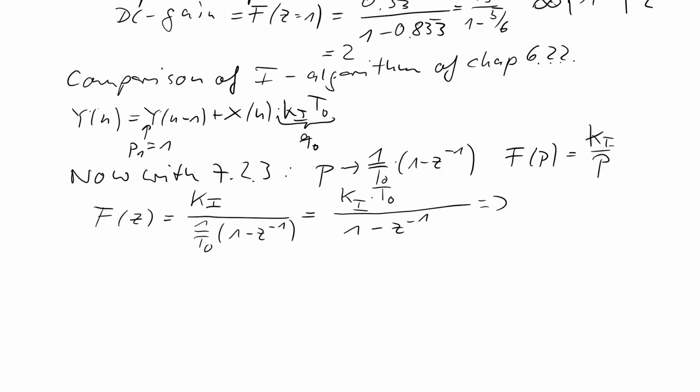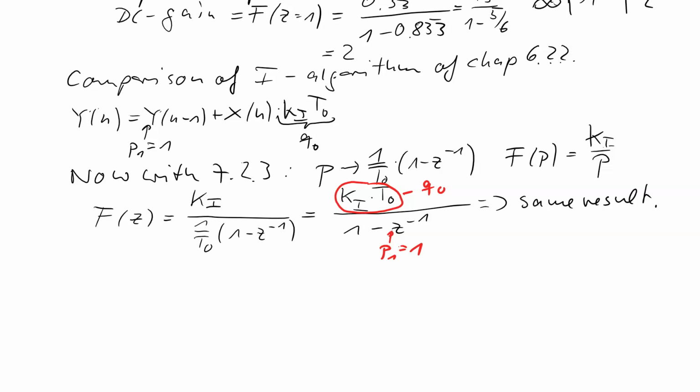Note, this is the Q0, and this is P1 equals 1. That is exactly the same result, and that is true for all other designs we have done in chapter 6.